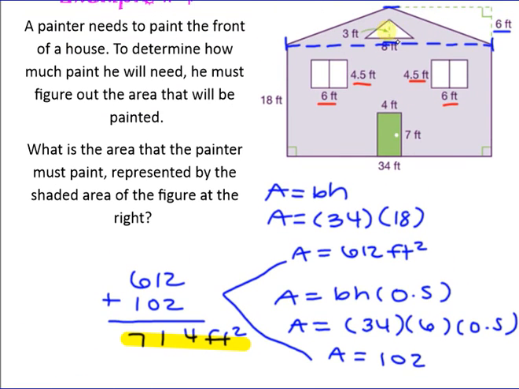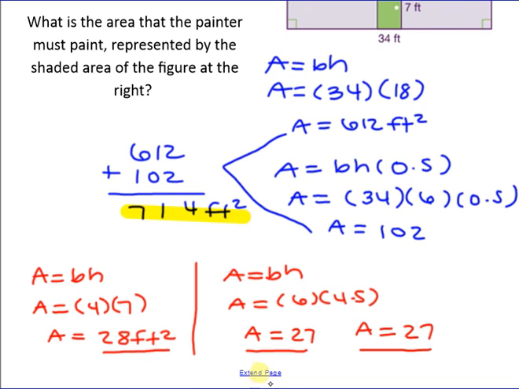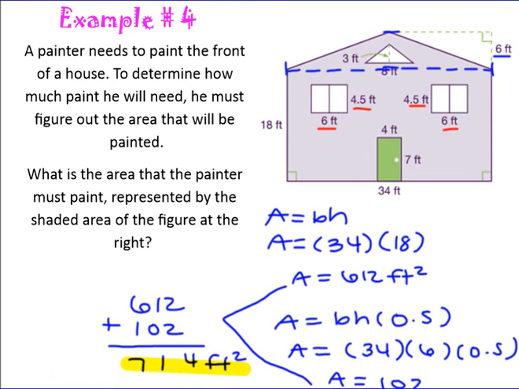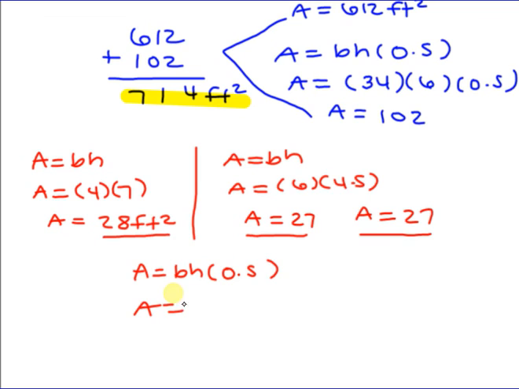Now we have this triangle window at the top. We have a base of 8 and a height of 3. So let's calculate that one. Area equals base times height times 0.5 because it's a triangle. Area equals, so again, it was a base of 8 and a height of 3 times 0.5.